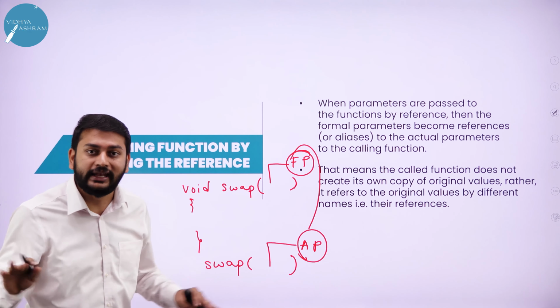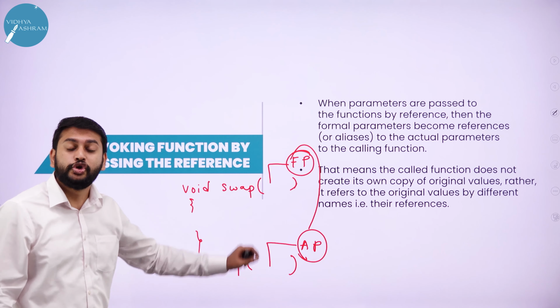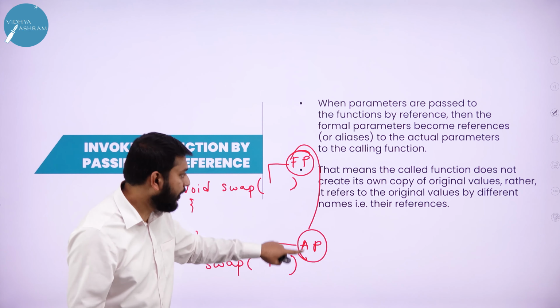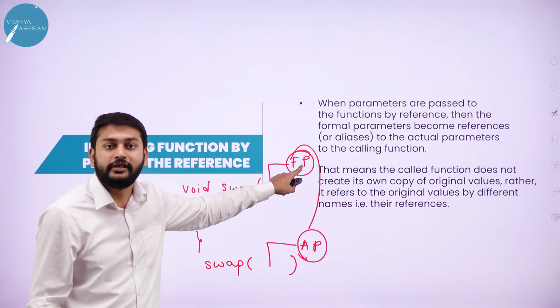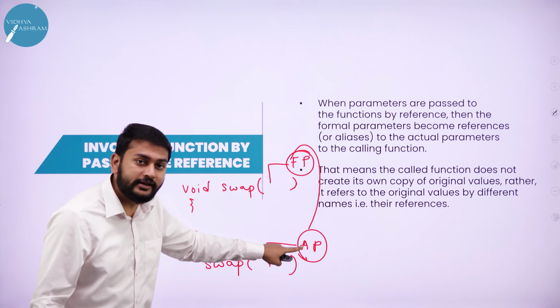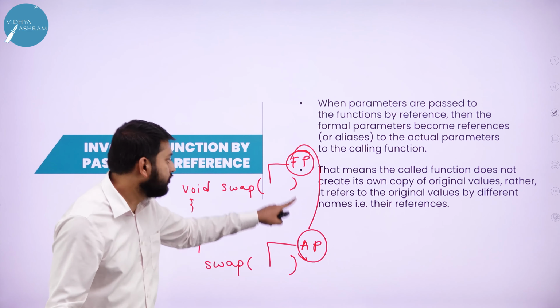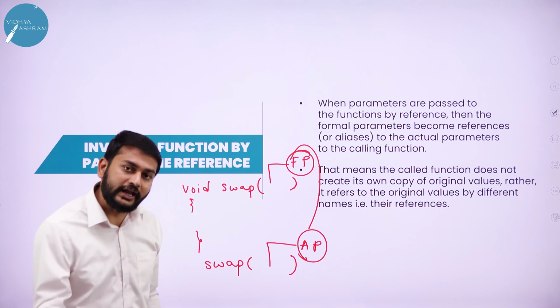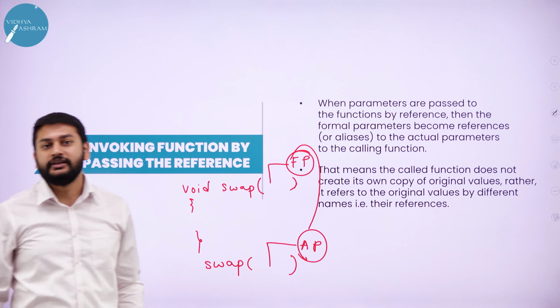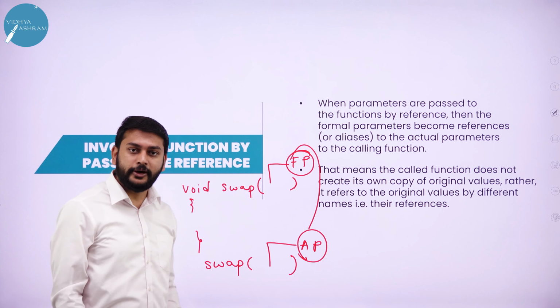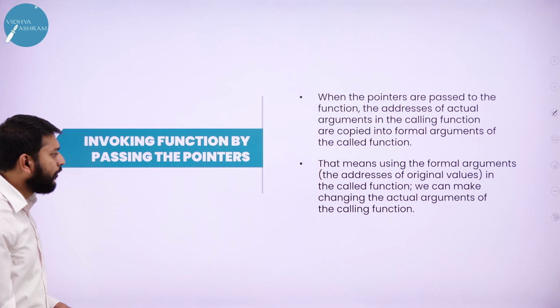You are not copying anything. But in the second one, you are copying the address of the actual parameter to the formal parameter. There, you are just using the address, that is the reference of the actual parameter, for the formal parameter. But now you are copying the entire reference. So that is what you should remember. This is very, very important.